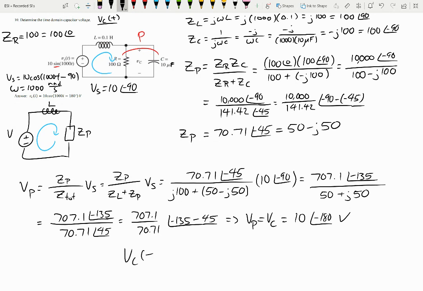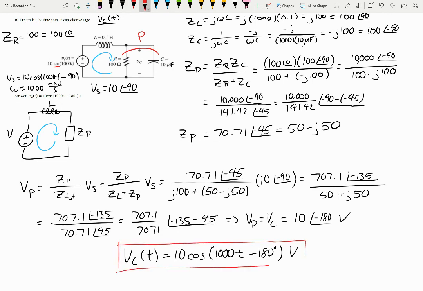If we write that out, V of C of t will equal 10 cosine 1000 t minus 180 degrees volts. There we go. And comparing that to what they have, it's very close.